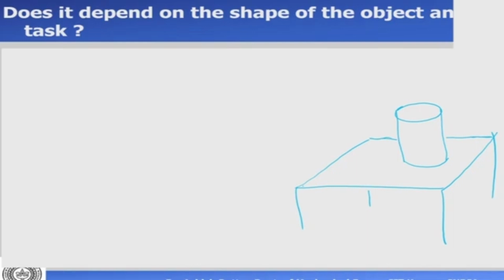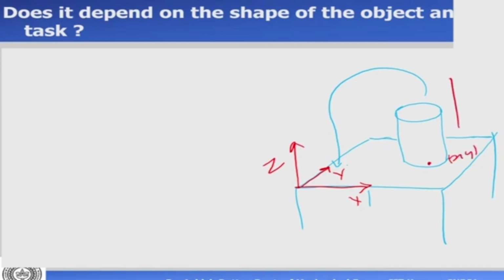I want to pick it up from here and keep it here. Now how many degrees of freedom are required? Again, we use the same logic: I put my X axis, Y axis and Z axis. This could be placed anywhere on the table, so that's XY. It has to be picked up and put down, so that is Z. It has to move like this, which is again XY.